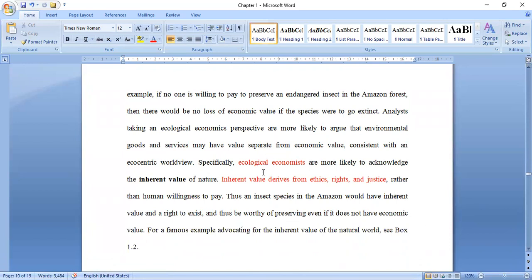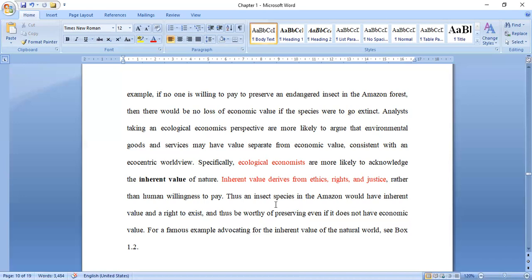Whereas environmental economists attach monetary value to environmental goods and services, ecological economists don't look at it from that perspective. The value they attach to environmental goods is in terms of what you call inherent value. And this inherent value can be in the form of ethics, rights, and justice.